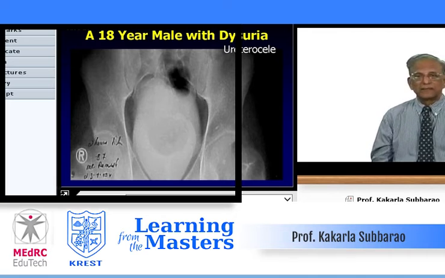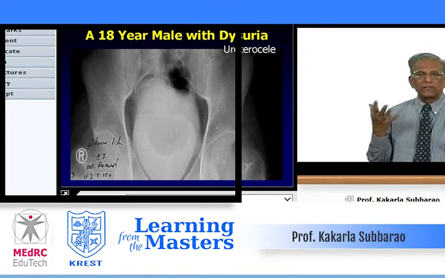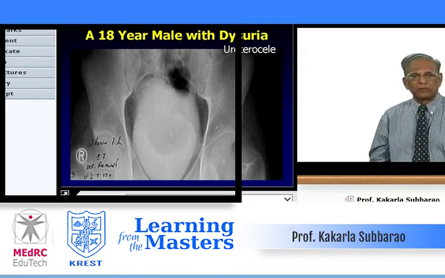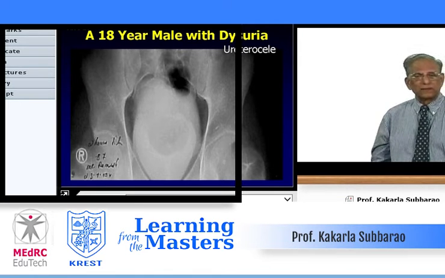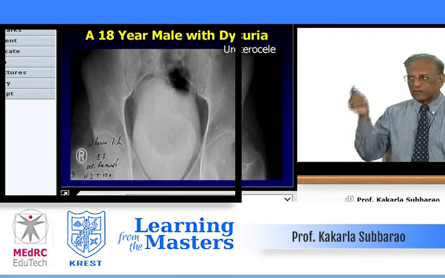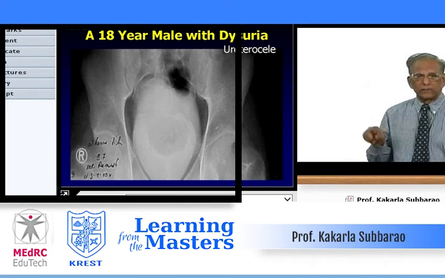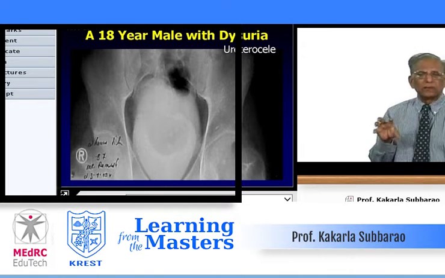Then, case number 15, what you see is a bladder. I didn't give you the entire IVP picture because that will be obvious in the sense there is a right duplicated kidney. The lower end of the ureter of the upper moiety inserts ectopically and produces a ureterocele. This big radiolucent defect that you see in the bladder is an ectopic ureterocele. Ureterocele is a dilatation of the lower end of the ureter. It could be non-ectopic too.